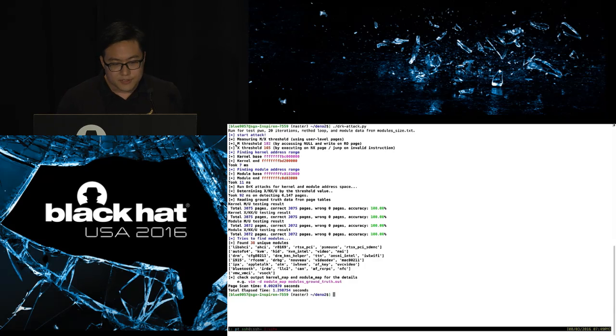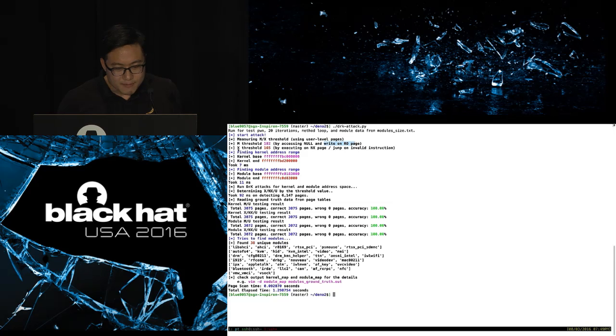What it first does is measure the threshold for mapped addresses and executable addresses. To do that, we assume that we have no knowledge about the kernel. So we just use the null page to simulate an unmapped one, and use a read-only page and try a write access to generate a page fault, to simulate a mapped page.